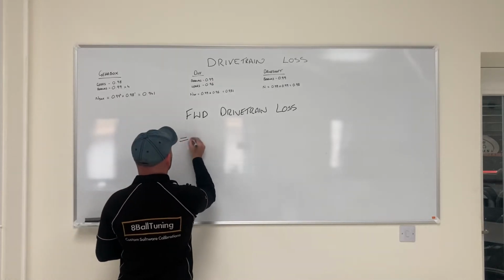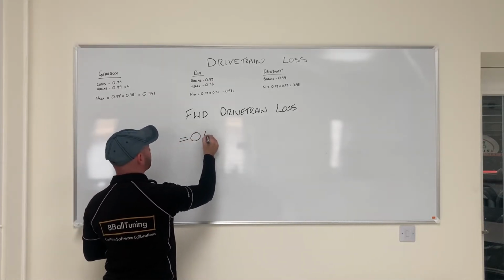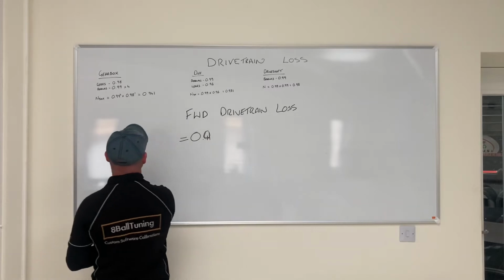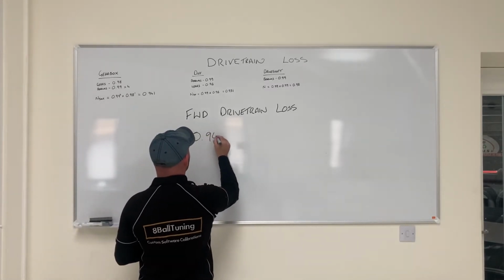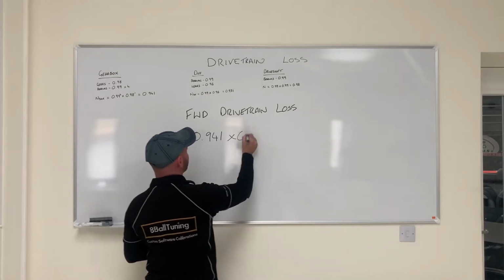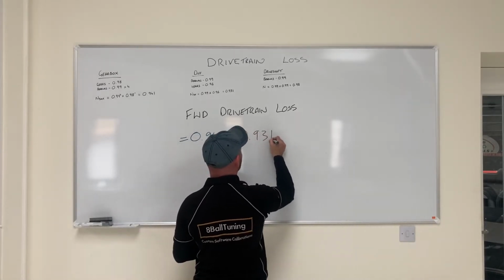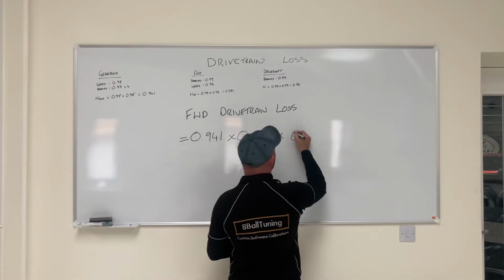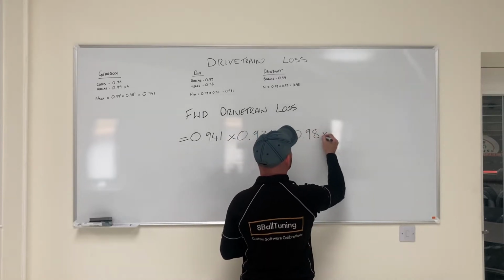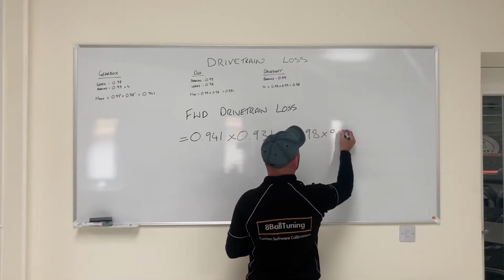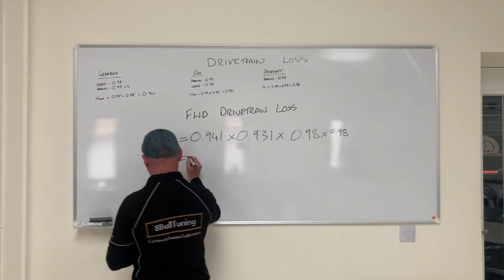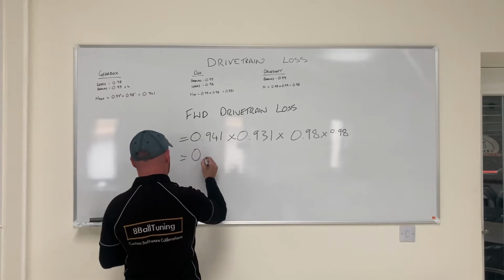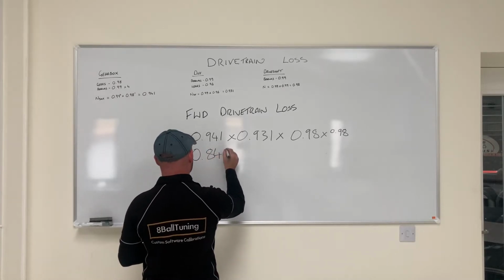Okay, so let's work out. 0.941 times 0.931 times 2 drive shafts is 0.841.